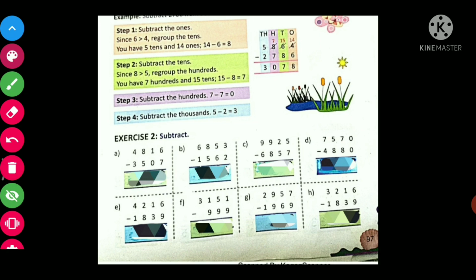Now see, 6 is less than 7, right? So now we'll borrow. Yes. So this 1 will reduce to 0, and this 6 will become 16, right? After borrowing, 10 is added to that particular number. So 16 minus 7, how much will it be?